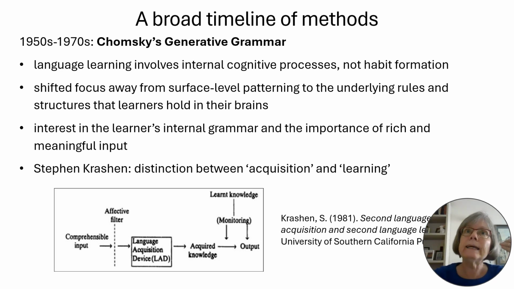Then we can monitor what we've acquired through learnt knowledge, specific, overt, explicit knowledge that we can get in the language learning classroom. And we'll be seeing more about that in Unit 2.